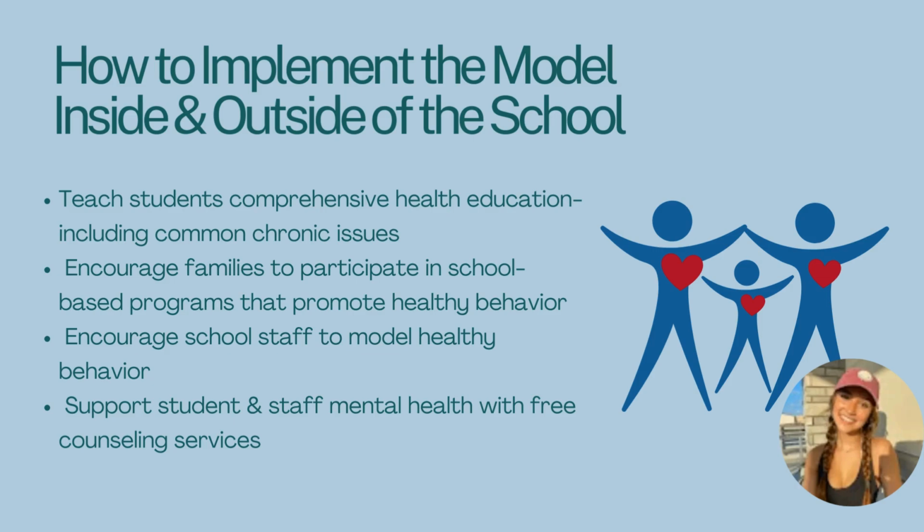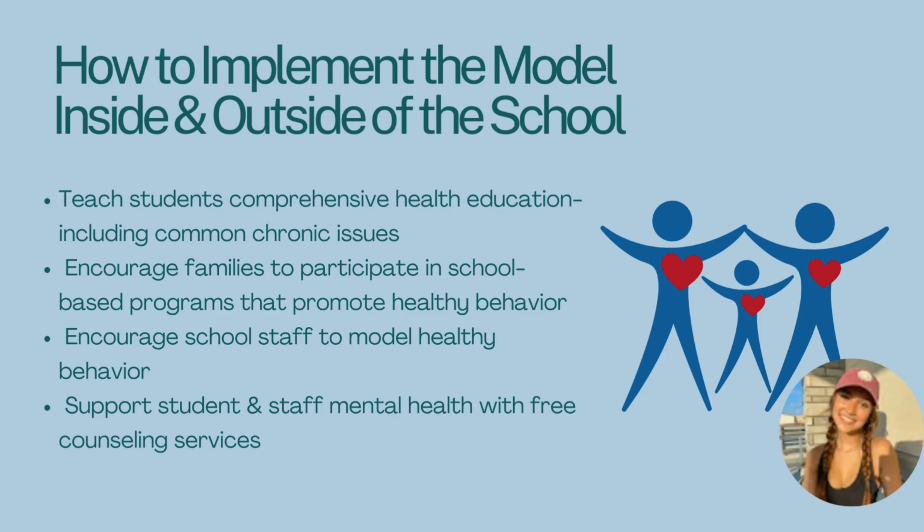Another way to implement this model would be to encourage families to participate in school-based programs that promote healthy behavior. This could be done outside of school, once or twice a week. You can get the families to come together and just teach classes on being healthy, being active, eating healthy.